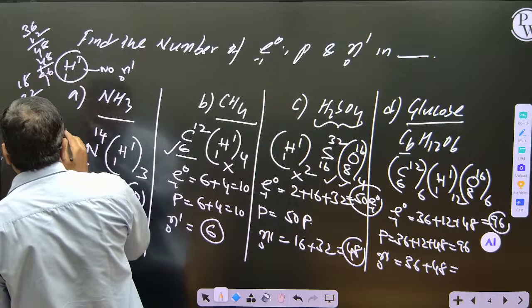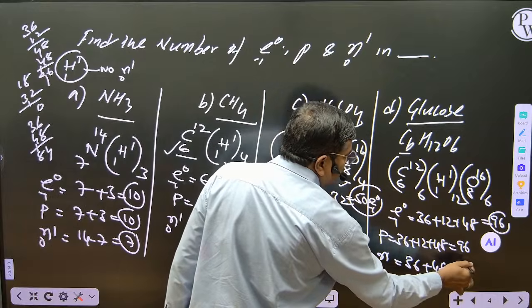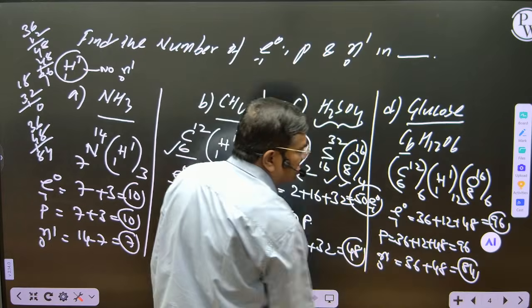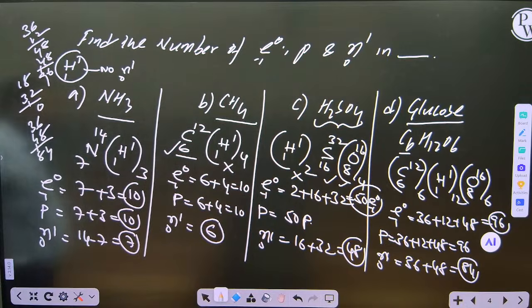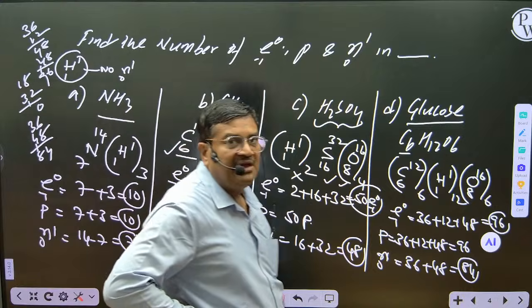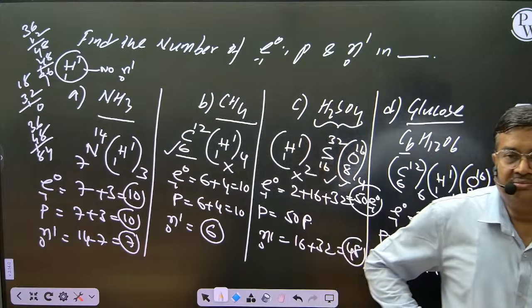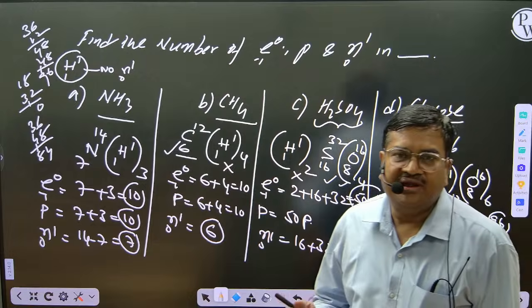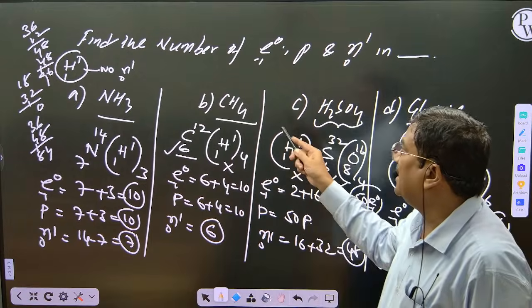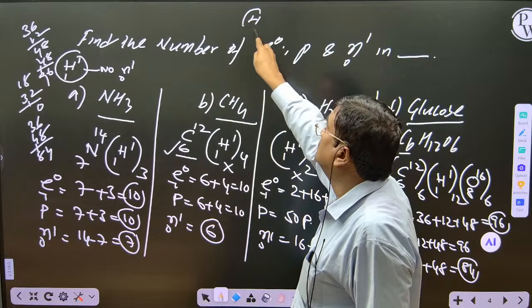So 84 will be the number of neutrons. Check all of you got same answer or not. So this is how we find the number of electrons, protons, neutrons in a molecule. Are you following? You have to elaborate the compound and find individual atoms, and you have to keep it in mind hydrogen doesn't have any neutron.